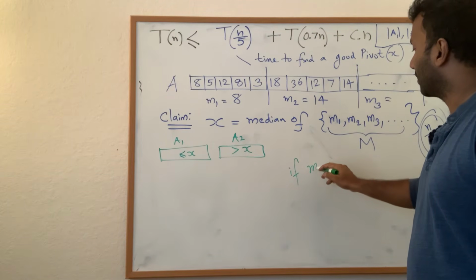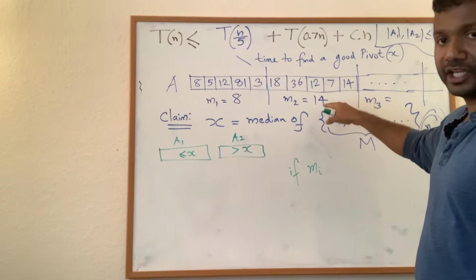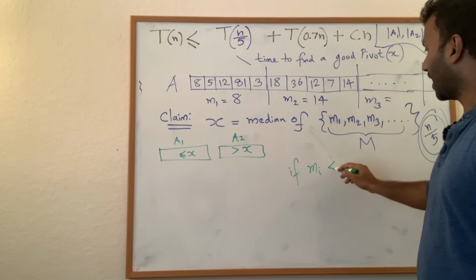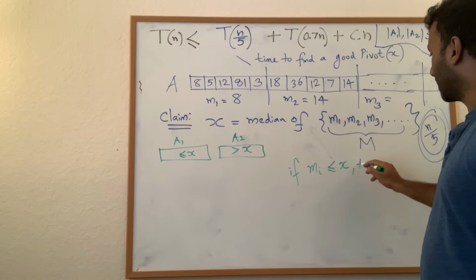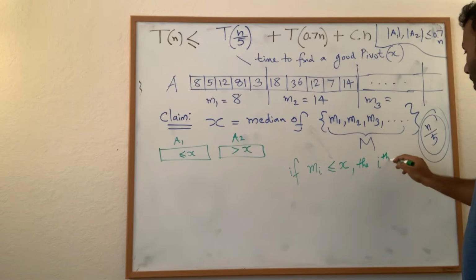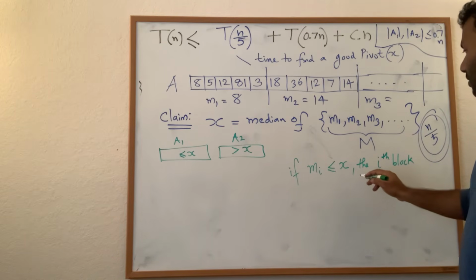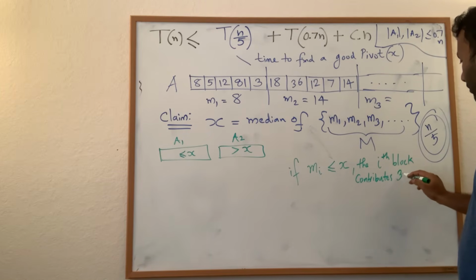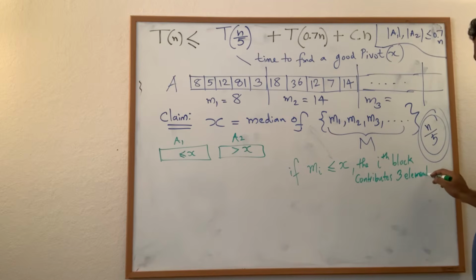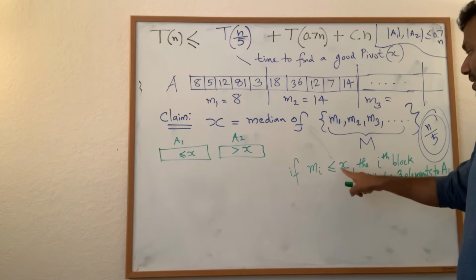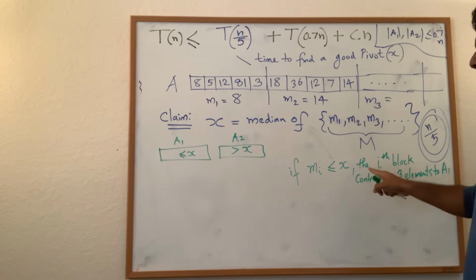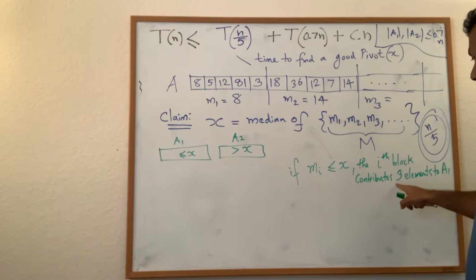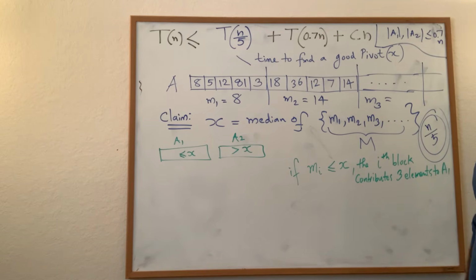If mi, which is essentially the median of the ith block, is less than or equal to x, then the ith block will contribute 3 elements to A1.